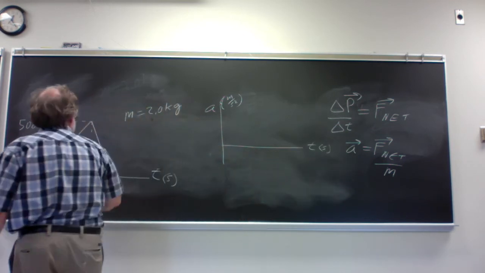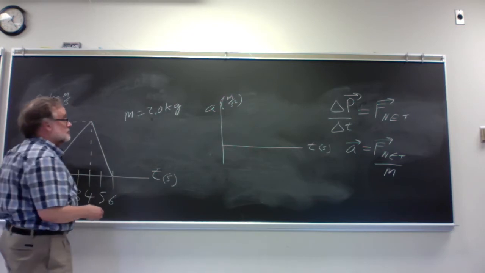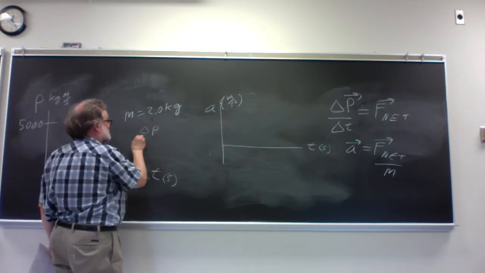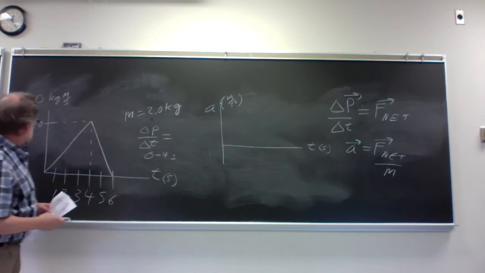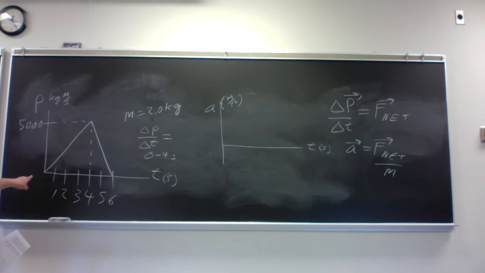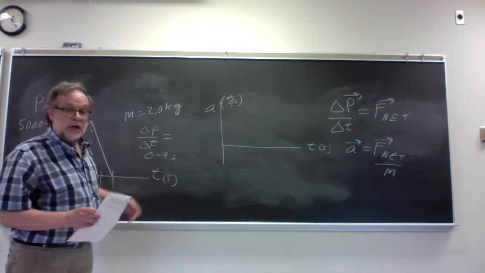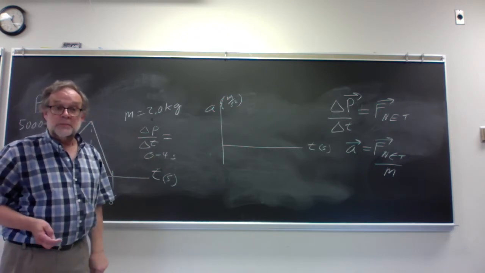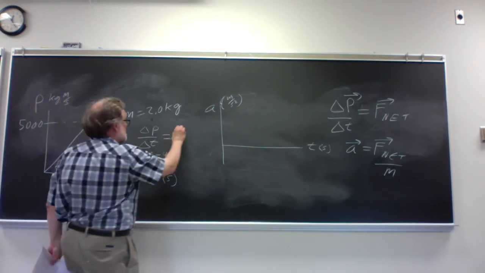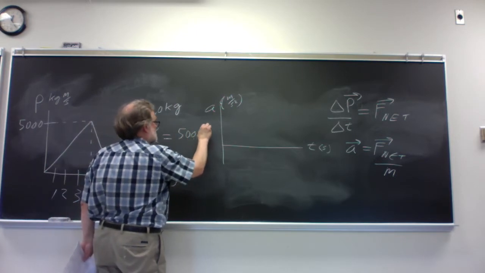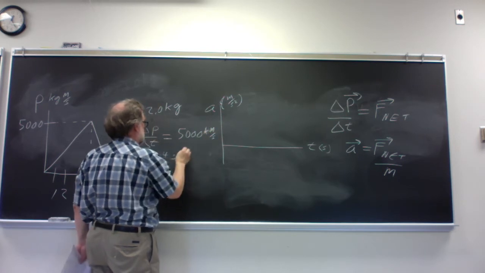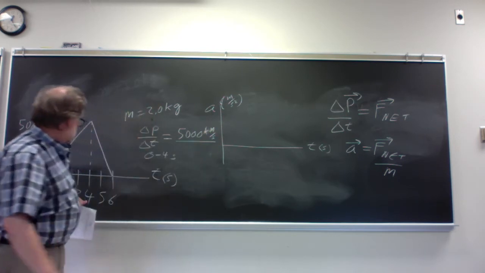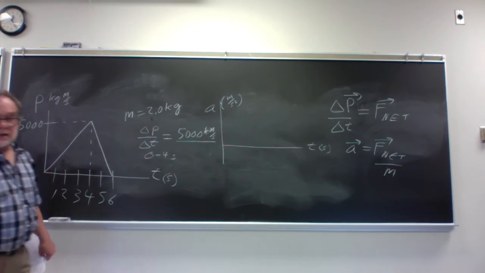So delta P over delta T from 0 to 4 seconds is, well, delta P, momentum went from 0 to 5,000. So the momentum change was 5,000 kilogram meters per second increase, positive 5,000 kilogram meters per second. And how long did that take? It took 4 seconds.